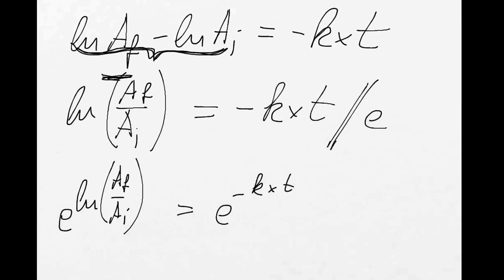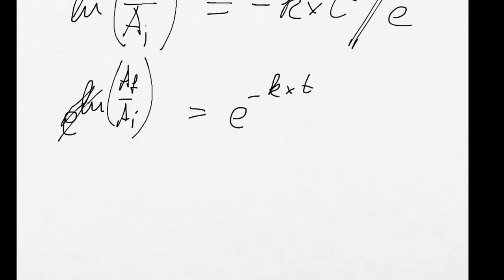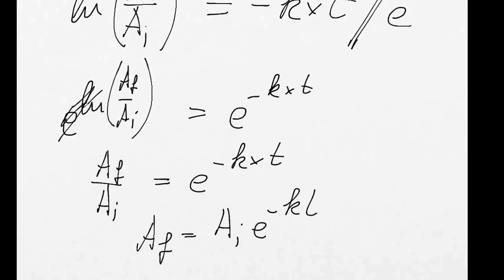And here's where the magic starts, or if you like, where it ends. e and ln cancel each other out. And what we have left is A final over A initial equals e to the power of minus k times t. Or if I really want, I can get the A initial out, bring that to the other side, and I have A final equals A initial times e to the power of minus kt.